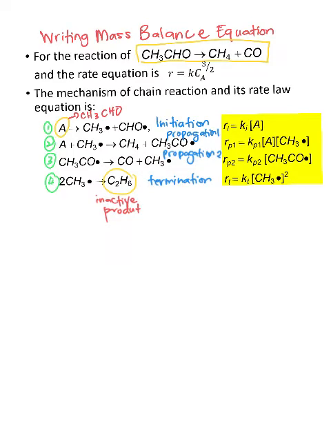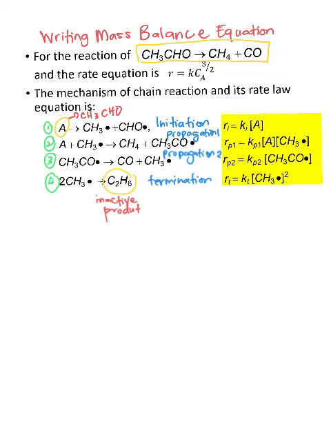Right. Then for each step of reaction, we have 4 steps of reaction, and we need to write the rate law equation for each step. And the rate law equation for each step of a reaction is elementary.